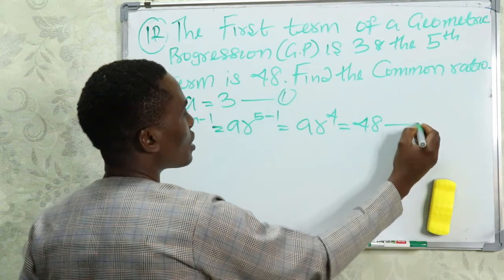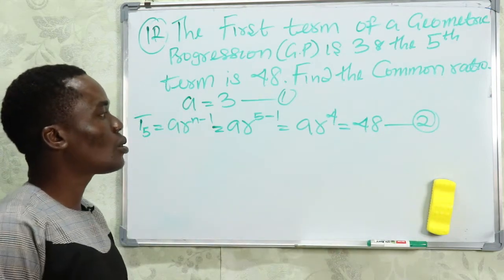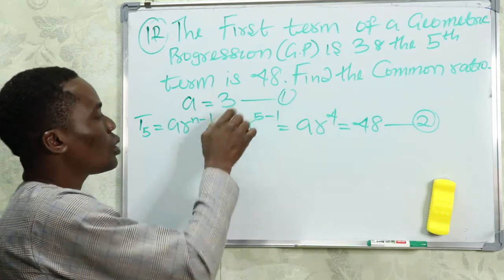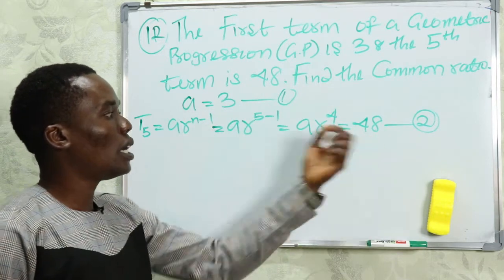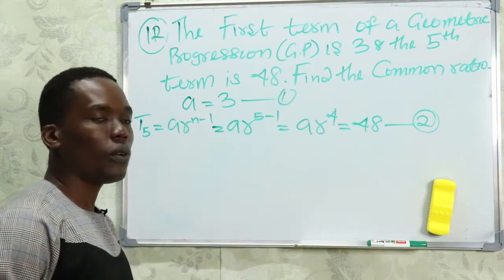So we'll take this as our equation 2. Now we are asked to look for the common ratio. We have this as our equation 1, which is the first term, and then the fifth term, which is now equation 2.